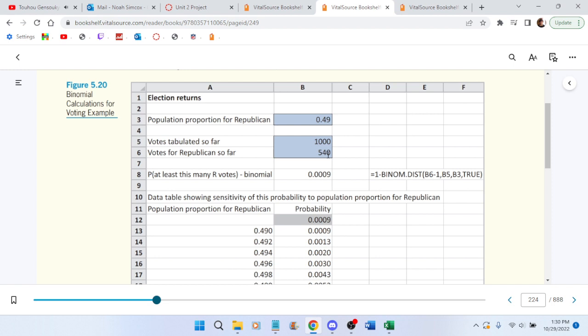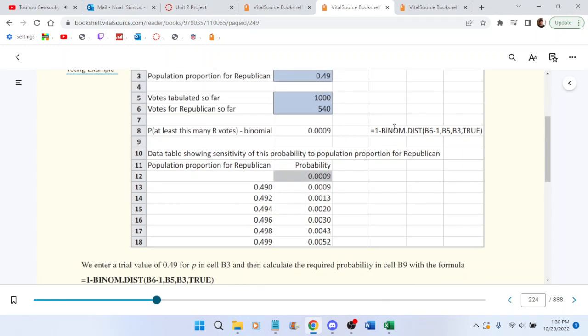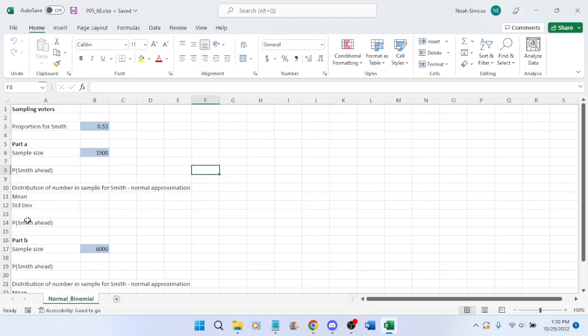So we have all the information we need to answer this question. I don't know why it has extra stuff down here. What is all this extra stuff? Why? So the real answer is 0.53.